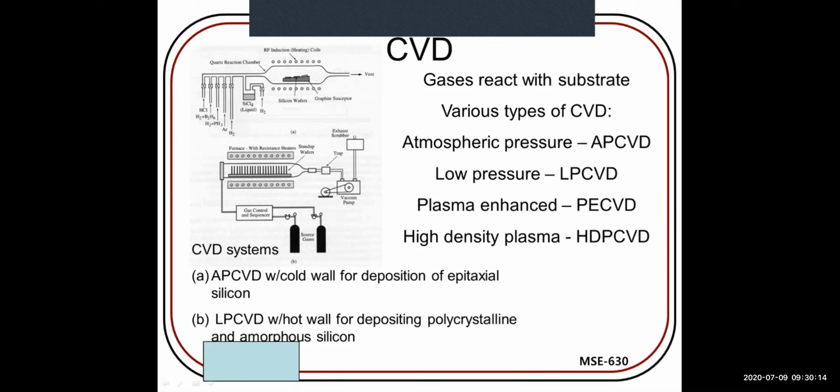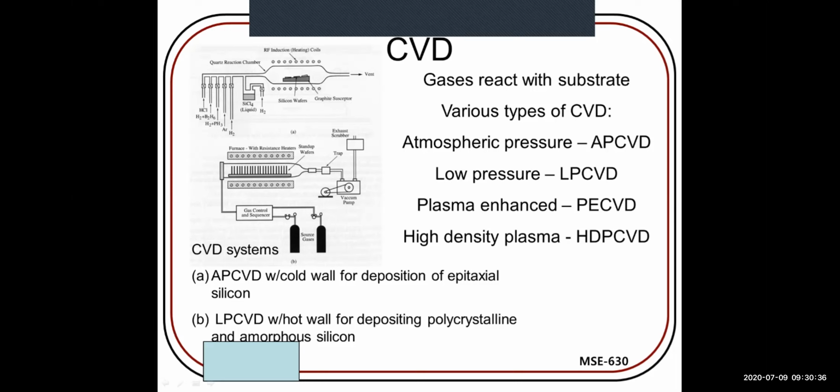In this CVD system, you can see the gas control and sequencer. Source gases are present over here. This is the vacuum pumping that creates a vacuum inside the tube. And here are the carrier gases that take part in the reaction in the tube.